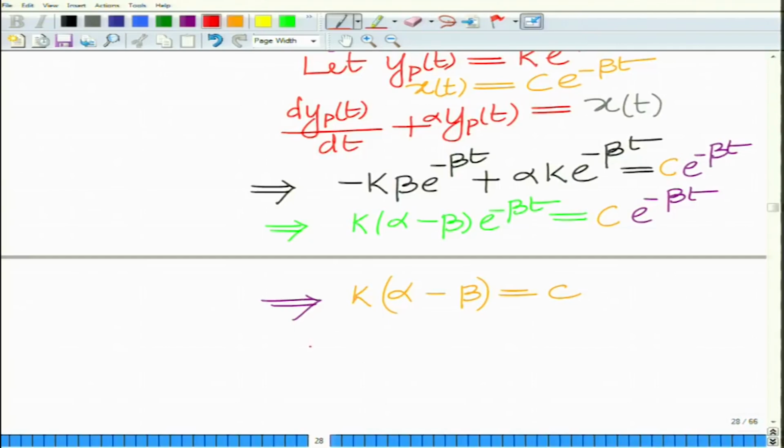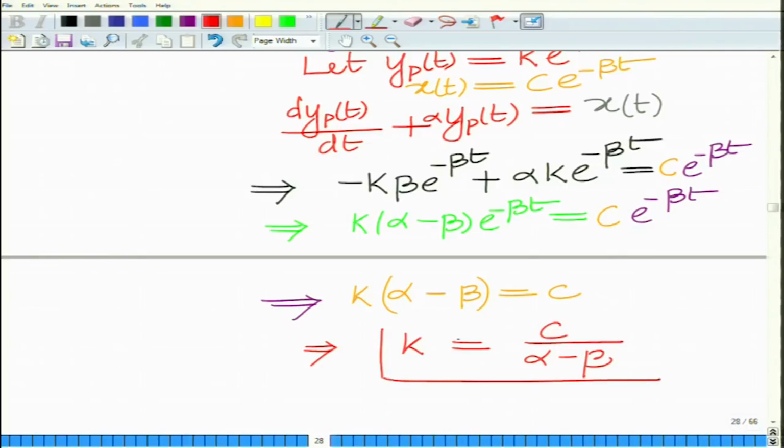which in turn implies k equals c over alpha minus beta. Okay.